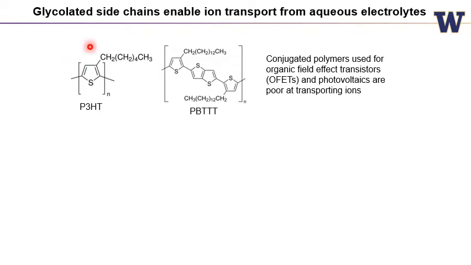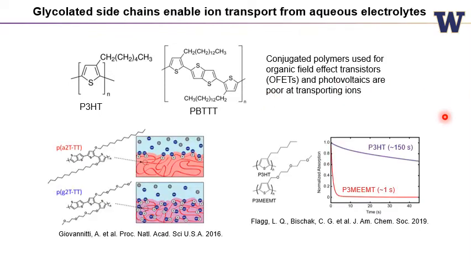These are two examples, P3HT and PBTTT, which are polymers commonly used for things like organic field effect transistors and photovoltaics. Because they have these alkyl side chains, they're really bad at transporting biologically relevant ions. So what people have typically done is change these alkyl side chains to polyethylene glycol side chains.